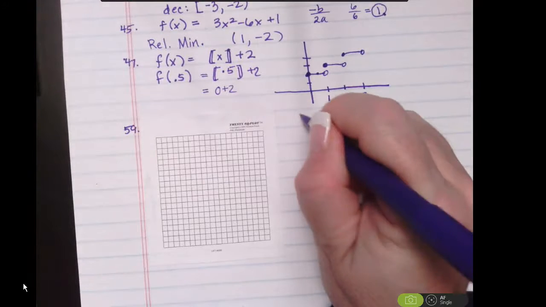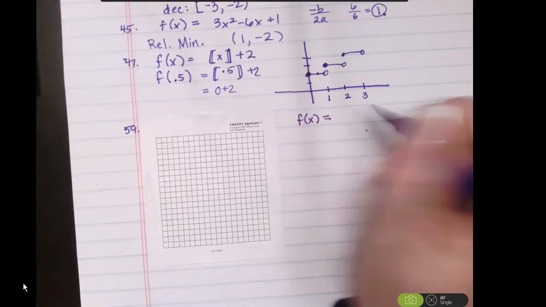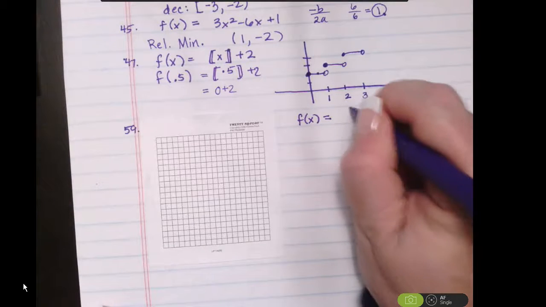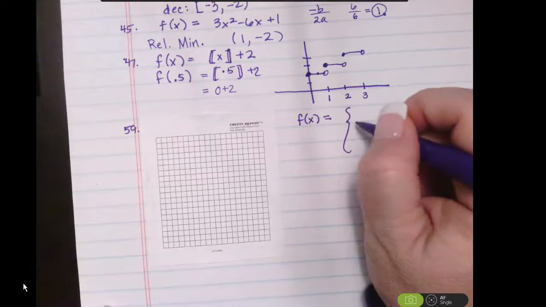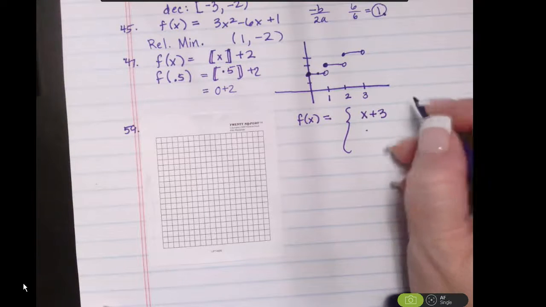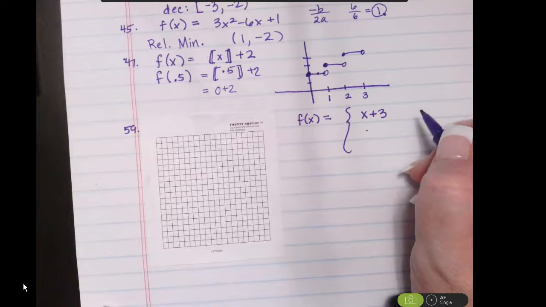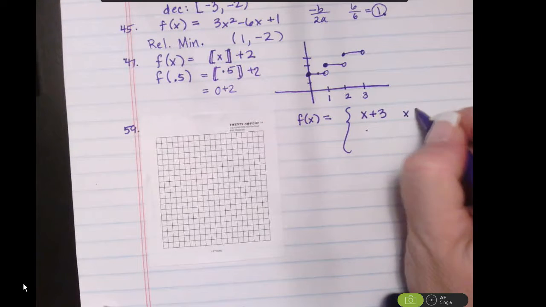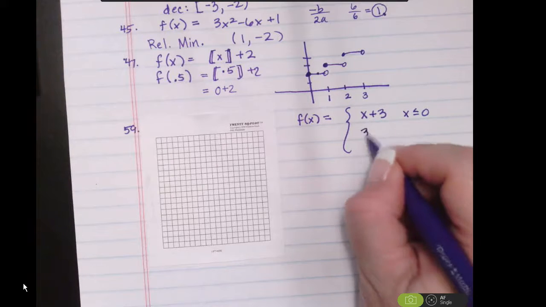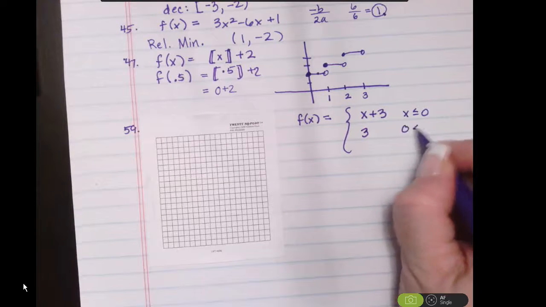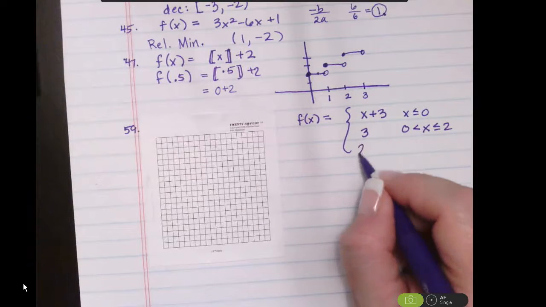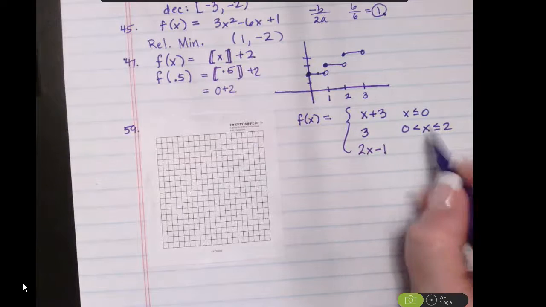I've got f of x equals, my domain is split into 3 pieces, so I've got x plus 3 when x is less than or equal to 0. I've got f of x equals 3 when x is between 0 and 2. And then f of x equals 2x minus 1 when x is greater than 2.